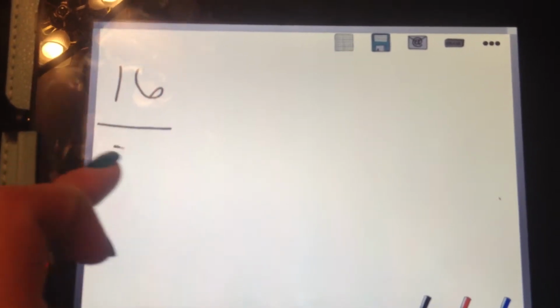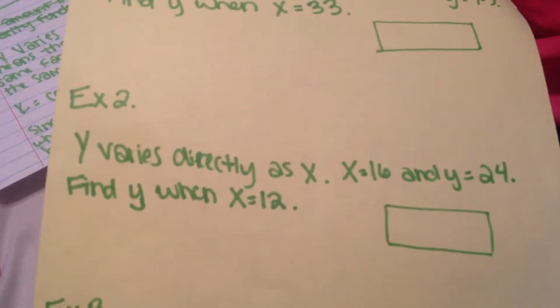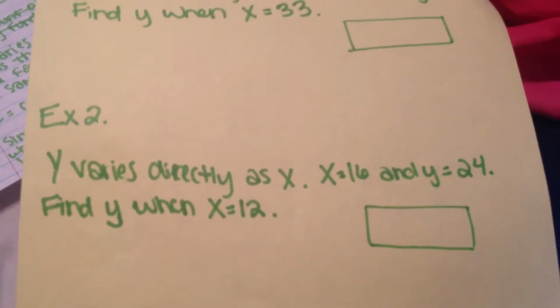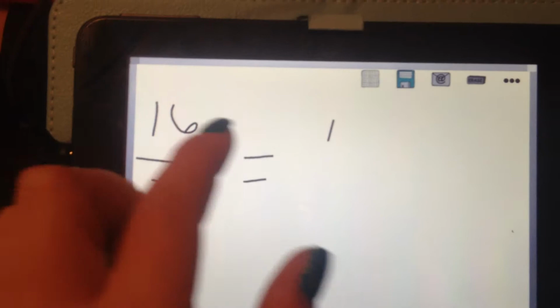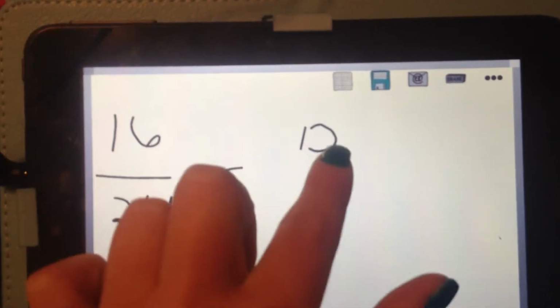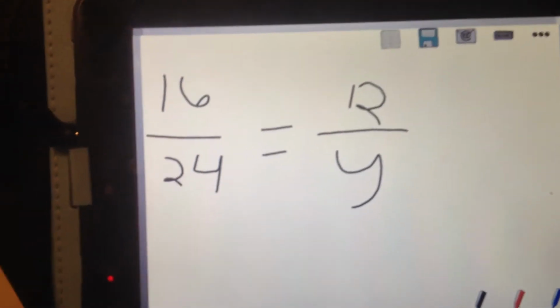Sometimes it'll ask for y, other times it'll ask for x. Here it asks for y, so we've got another x value, 12, and we're looking for y when x equals 12.